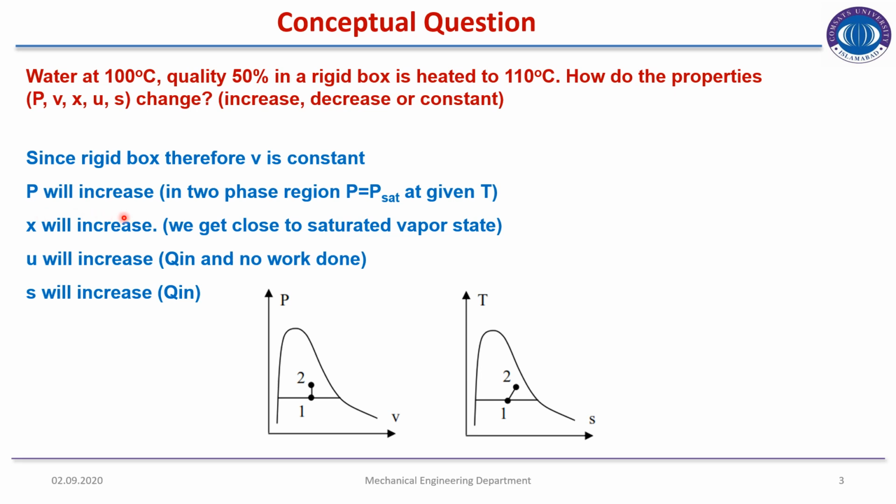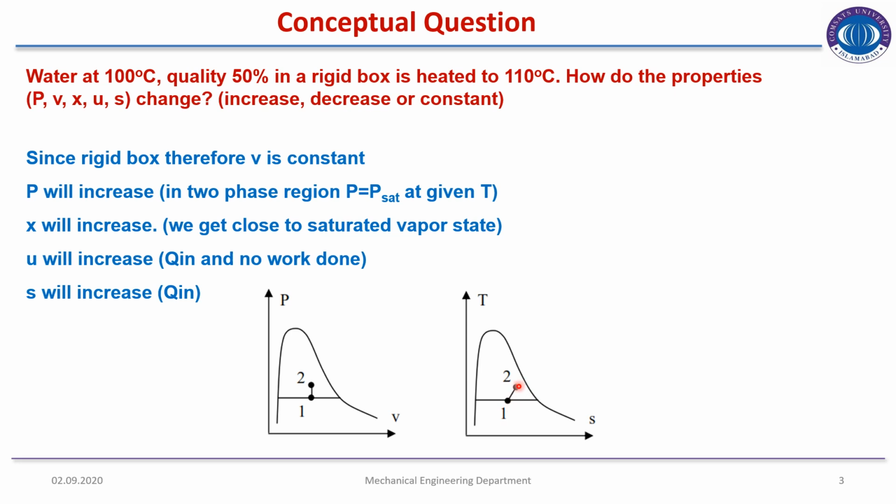So P will increase in two-phase region. P is equal to P saturation at given T. So as you know that the temperature rises, so pressure and temperature both will increase. So X will increase. We get close to saturated vapor state. So in the TS diagram, you are seeing that 1 to 2 diagonal line.